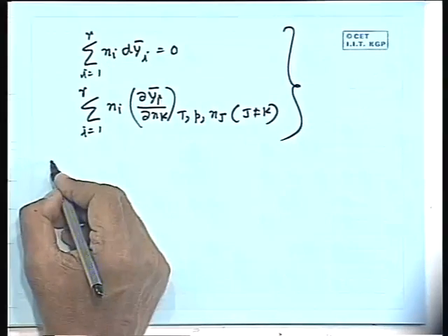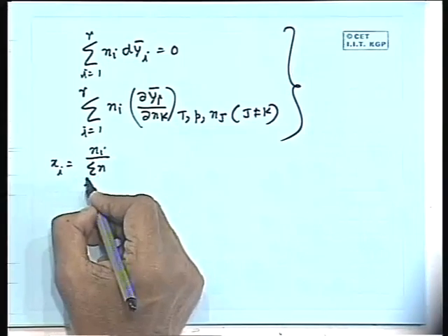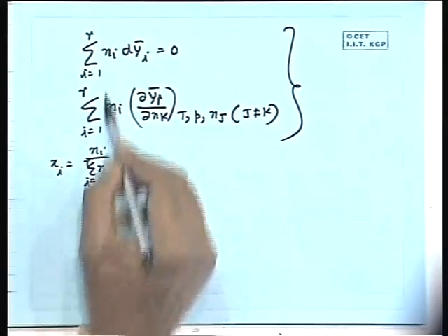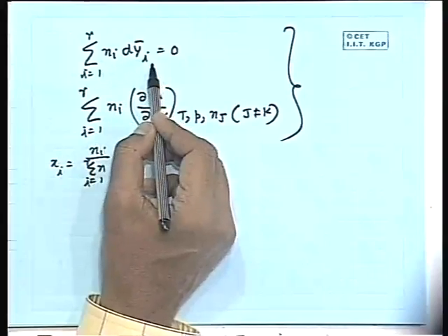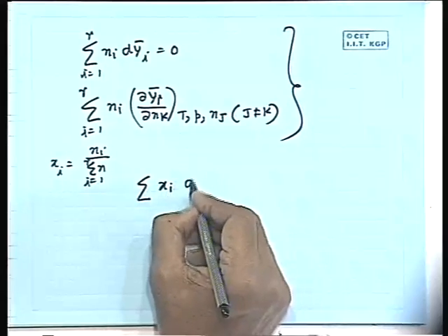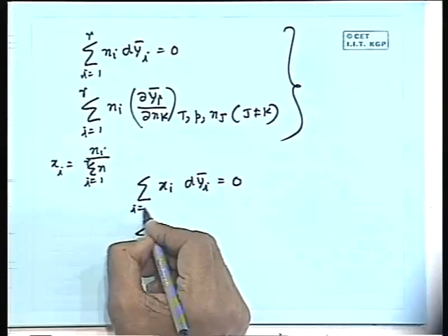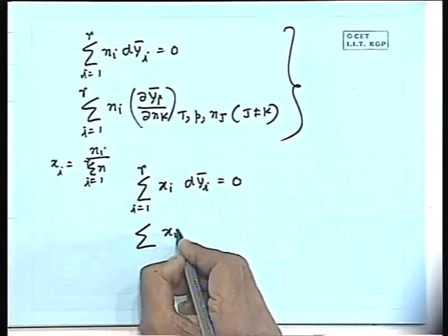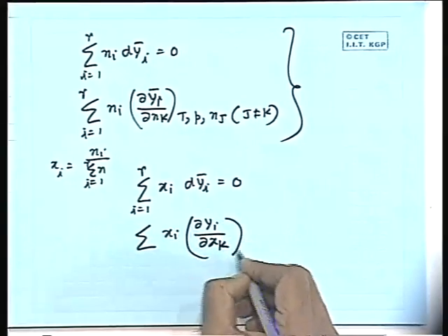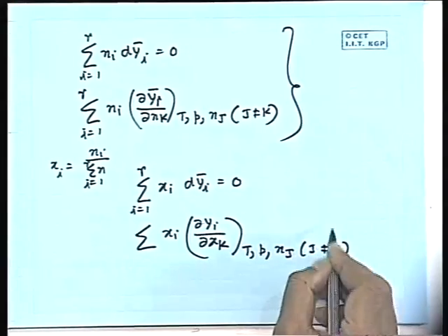Now, if we define the mole fraction x_i for the ith component as n_i divided by Σ n_i, i equal to 1 to r, then if we divide all the terms by Σ n, that means the total number of moles, this equation becomes Σ x_i dȳ_i = 0, and this equation becomes Σ x_i (∂ȳ_i/∂x_k) at T, P, n_j, j not equal to k, equal to 0.